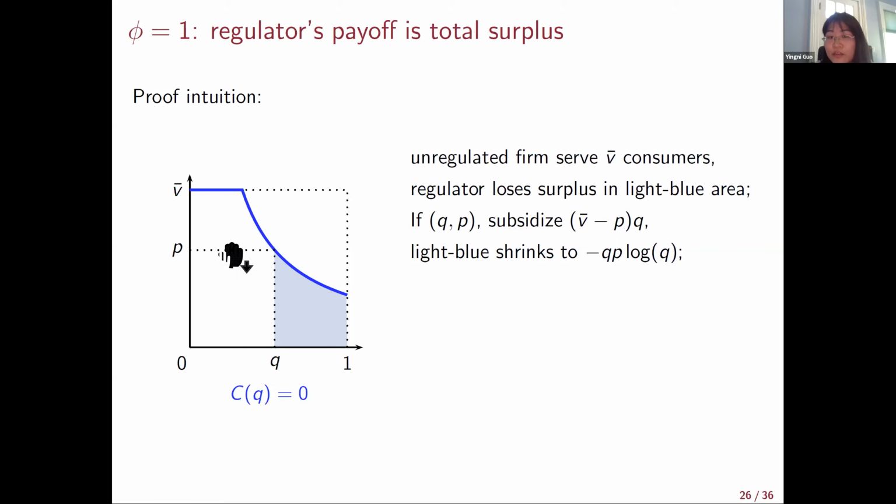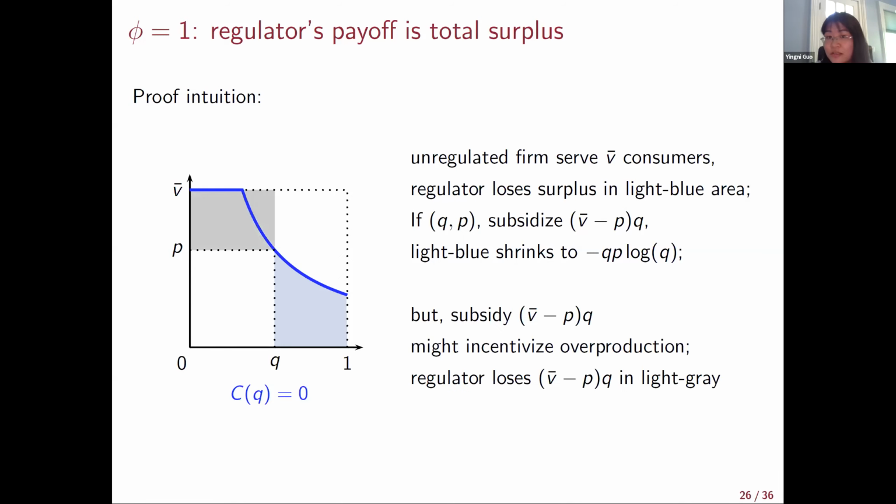However, if I'm offering this subsidy, it's possible that the firm is not facing this demand function. The firm actually faces a demand such that the first Q consumers have a valuation P, and the firm has a cost of this whole area. So in that case, I would induce overproduction, and my regret is this gray area.